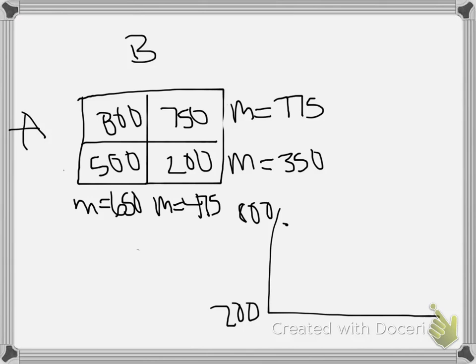And then 350 would be towards the bottom, so you draw your dot towards the bottom for 350, and then draw our line. Then we go ahead and do 650, which is over here, somewhere towards the middle a little bit, and then we do 475, which is a little bit lower.